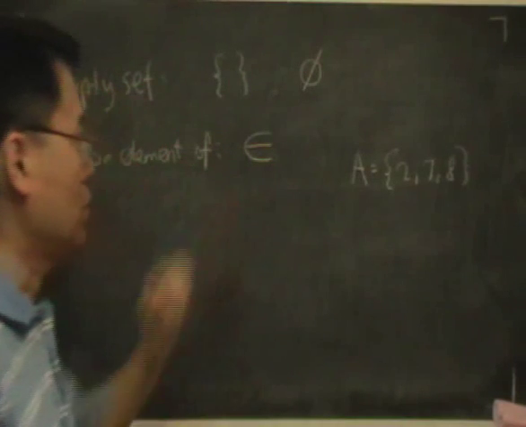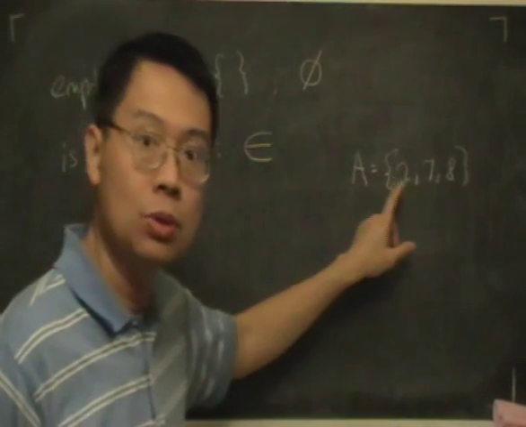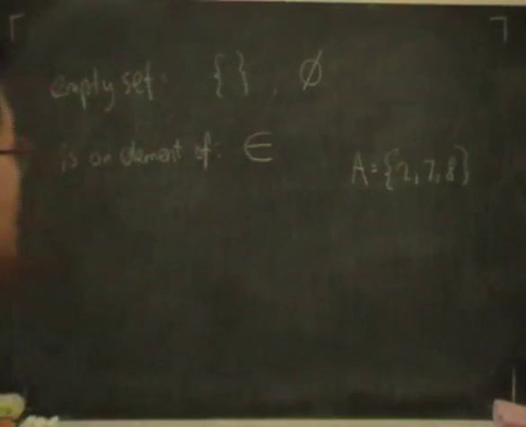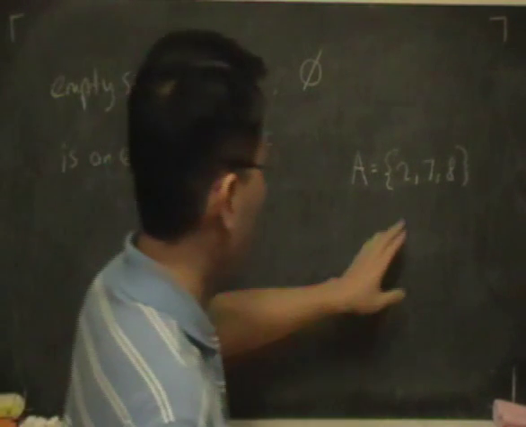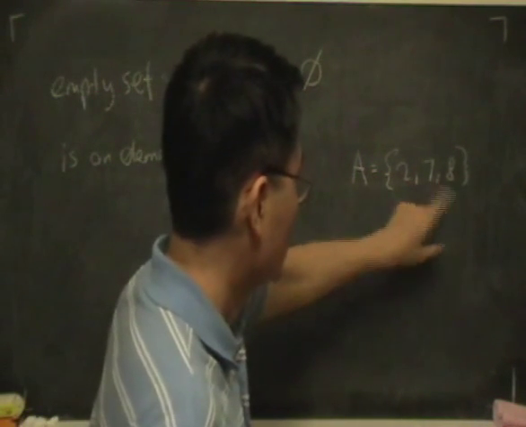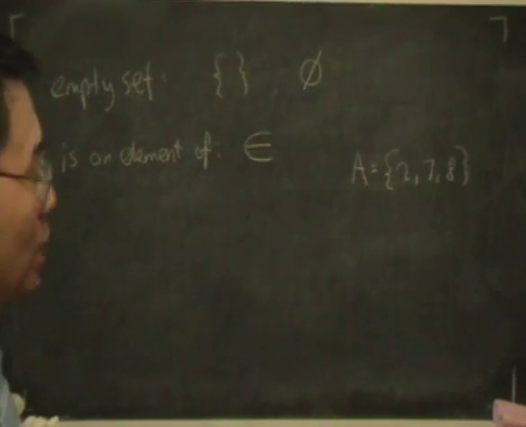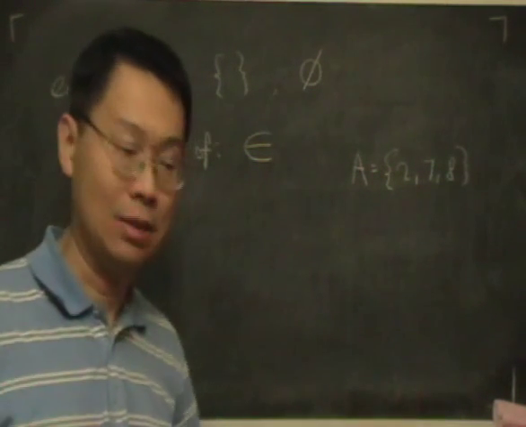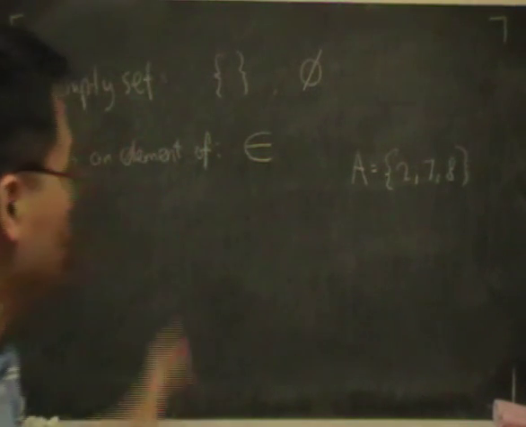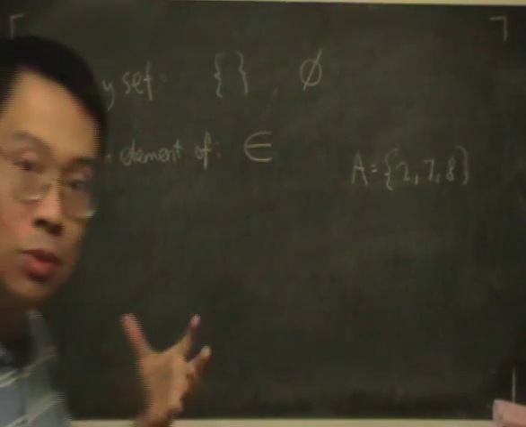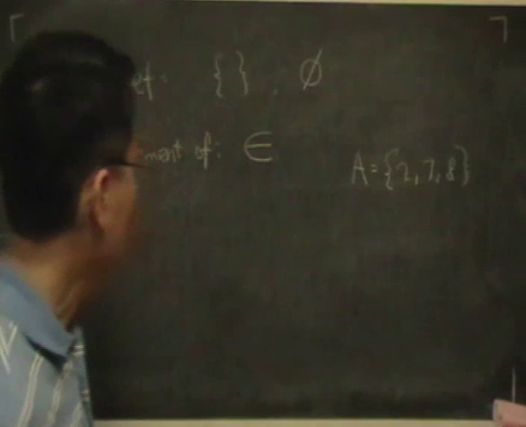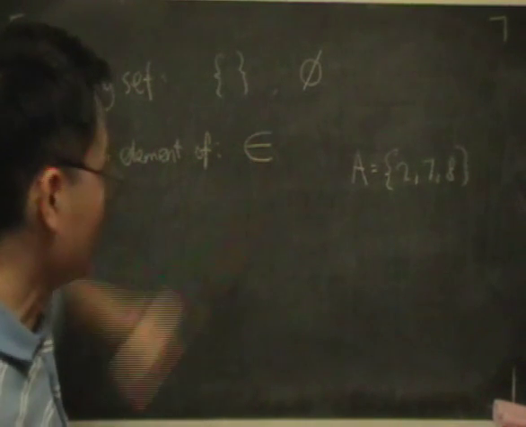Okay, let's say I have this set A with the elements 2, 7, and 8. So, for example, I know that 7 is an element of A. So I can, of course, just say that in words, but another way to show this idea is to use that symbol there.